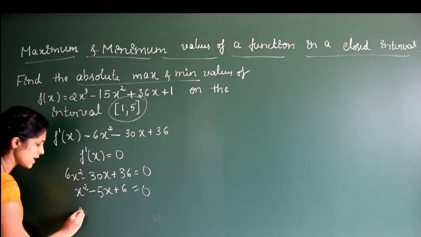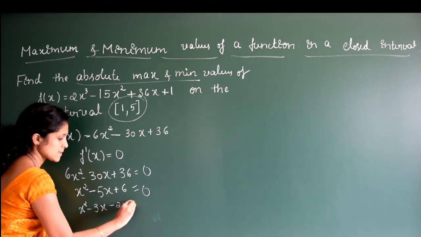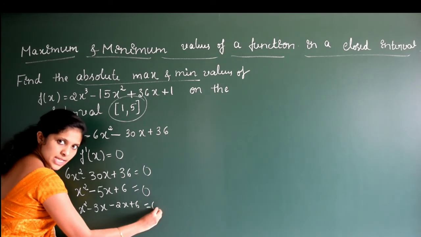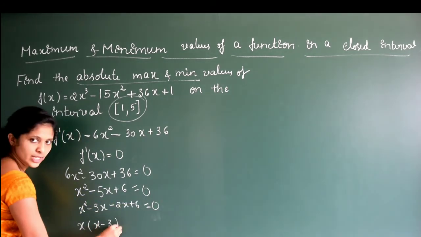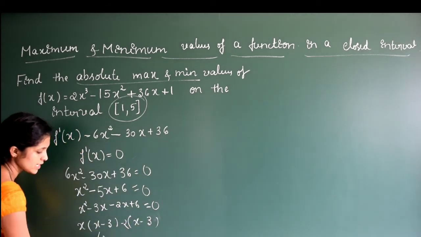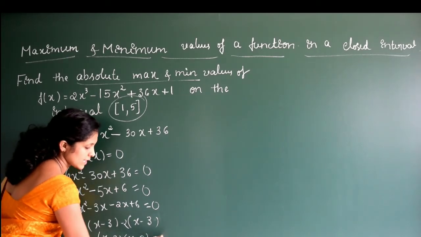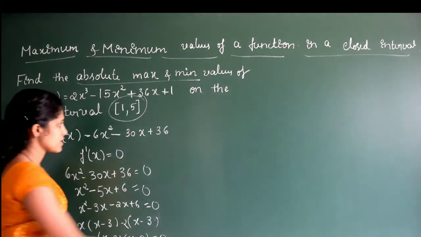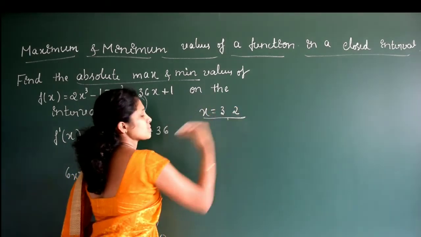We will simplify this: x square minus 3x minus 2x plus 6 is equal to 0. I can take x common, this will be x minus 3, and here x minus 3 means this will be minus 2. So the values are x minus 3 into x minus 2 is equal to 0. So the critical points are x is equal to 3 and 2.